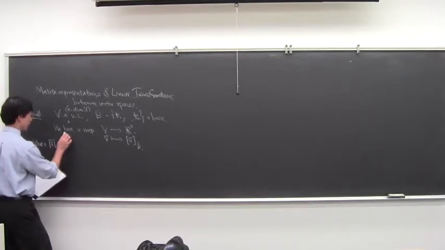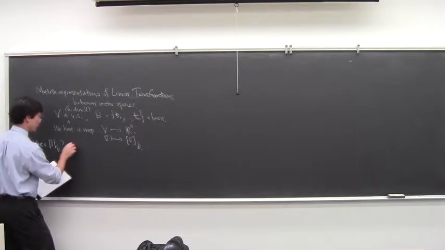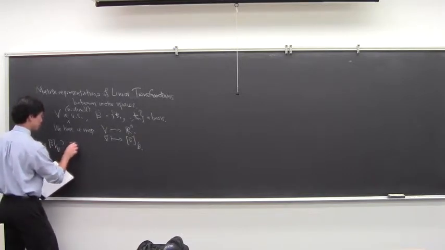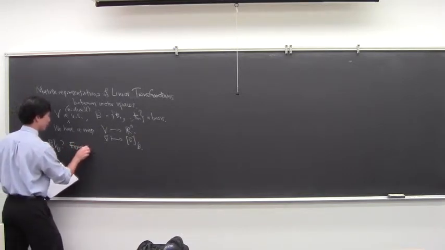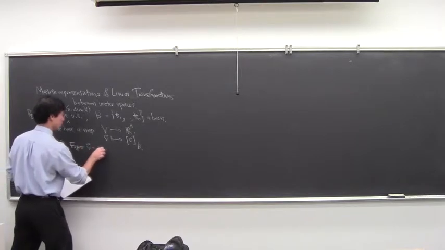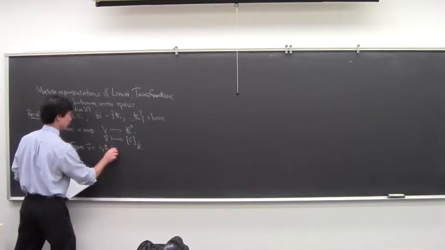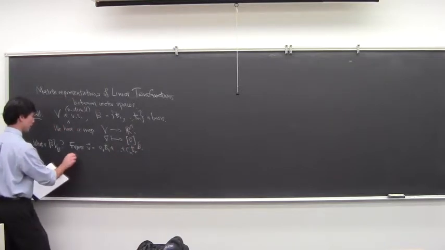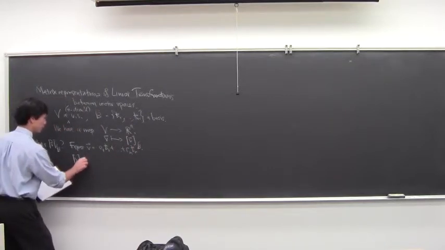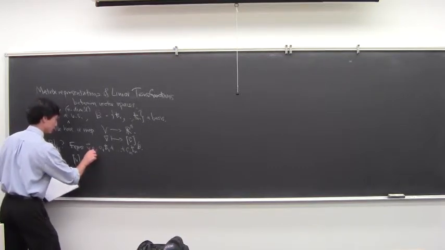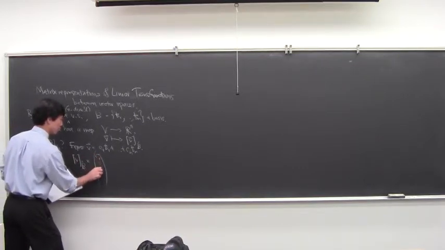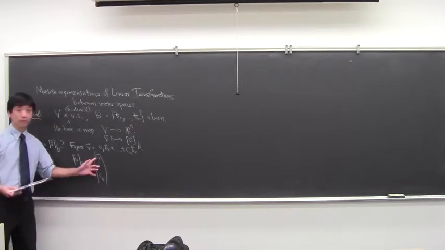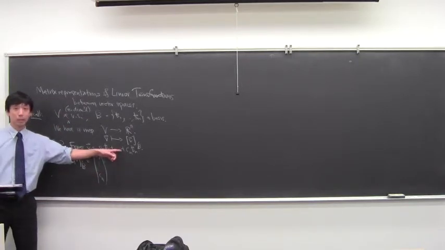You express v as c1 b1 plus ... plus cn bn, and then the coordinate vector with respect to B is just the vector of those coefficients.